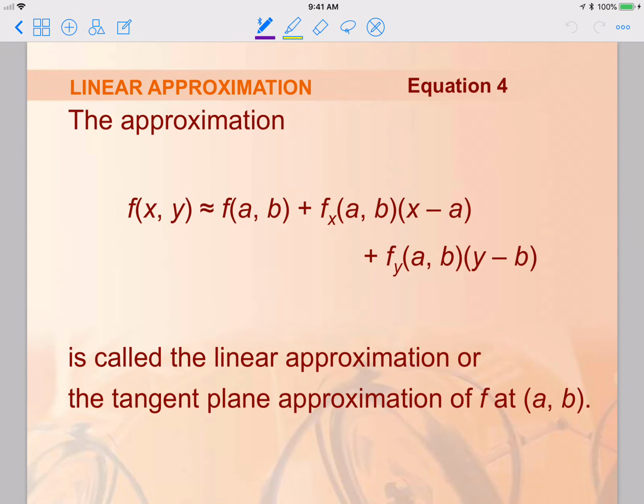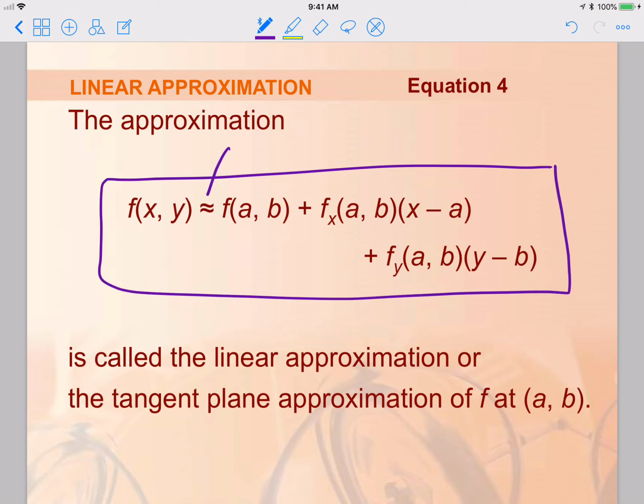Making the approximation, saying that f(x, y) is approximately this, is called the linear approximation, and it's only valid if your partials are continuous.